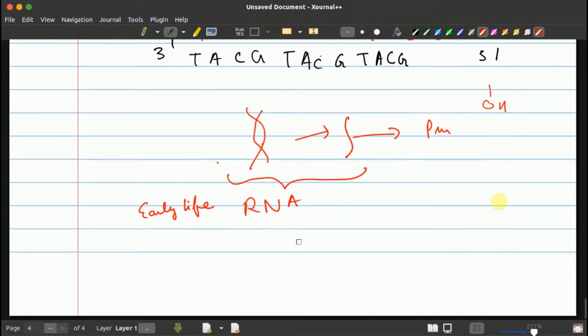So we went to double-stranded DNA to make single-stranded RNA and then proteins. So what was its advantage? We got a much more stable storage medium. But look at both cases: whatever produces protein has to be single-stranded.